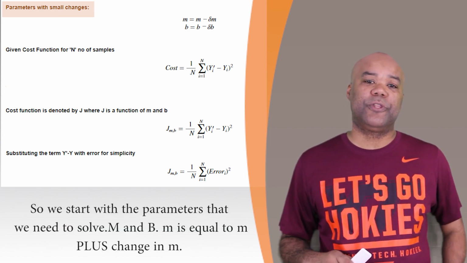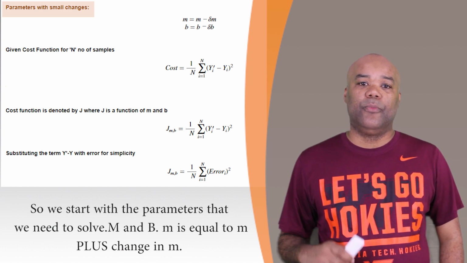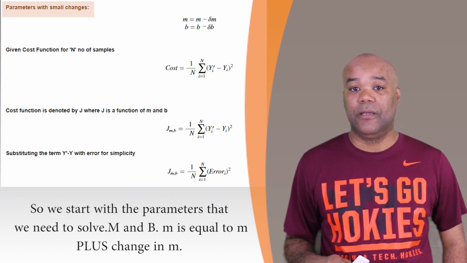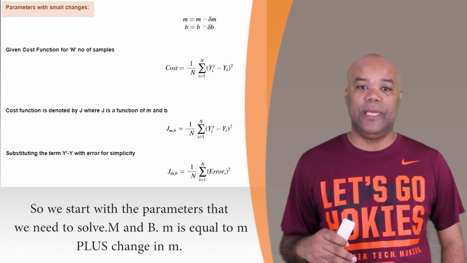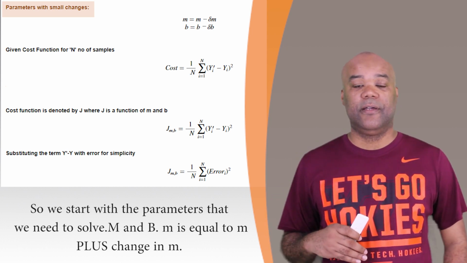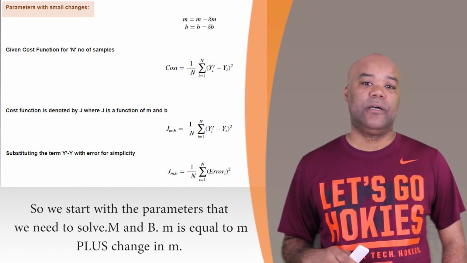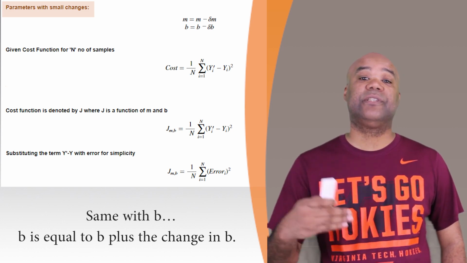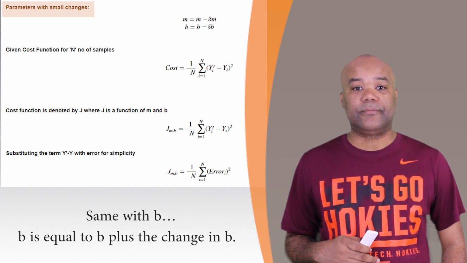So let's start with the parameters that we need to solve, and that is m and b. M is equal to m plus the change in m. Same thing with b. B is equal to b plus the change in b.